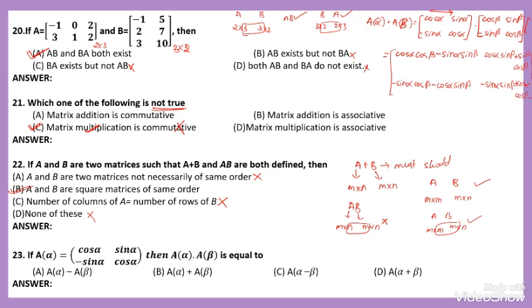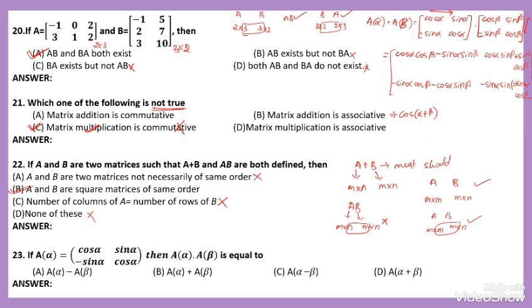Comparing the values by using the trigonometric functions: cos alpha cos beta minus sin alpha sin beta. I will write this using the formula cos of x plus y equals cos x cos y minus sin x sin y.